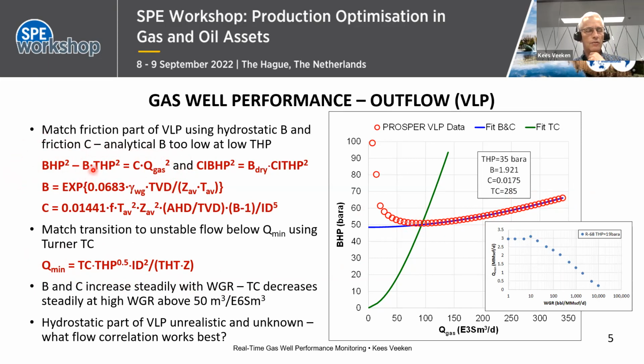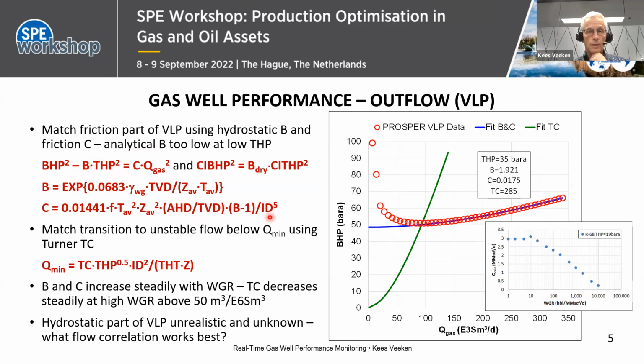One is hydrostatic, that's the B, and the other one is friction, and that's the C. There are a few quite elegant and simple expressions by which you can calculate B and C. Basically B is determined by your gas gravity and by your true vertical depth. And then the friction is determined by your long hole length.